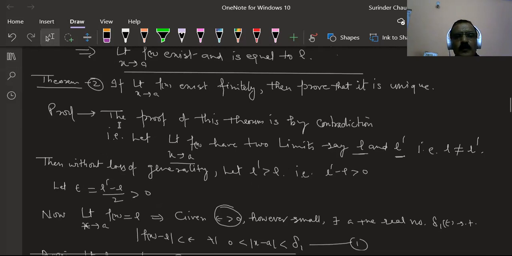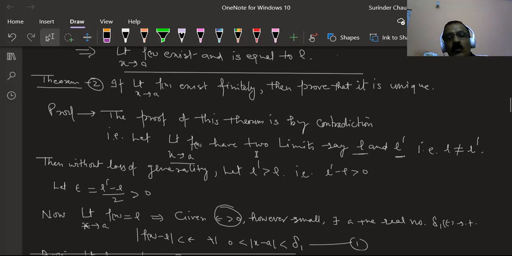Proof. We'll prove this theorem by contradiction. This means we will suppose that the limit of the function as x approaches a of f(x) has two different limiting values, say L and L dash.